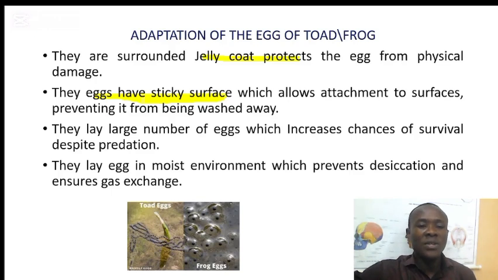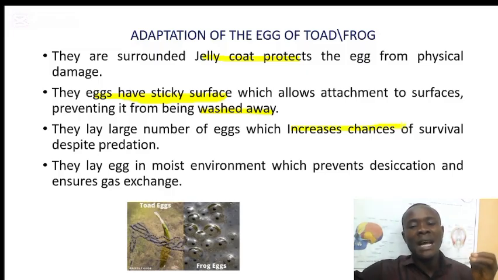As we have it on the slide, the eggs have a sticky surface which allows attachment to surfaces, preventing them from being washed away. And the third one, they lay large amounts of eggs, which increases the chance of survival despite predation.